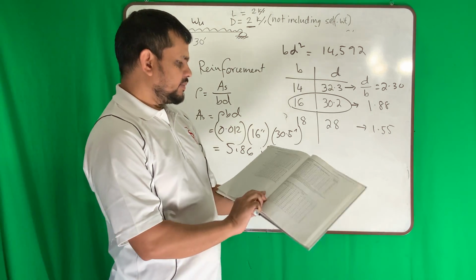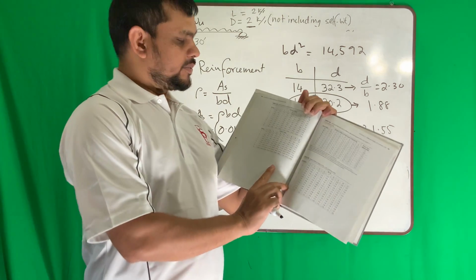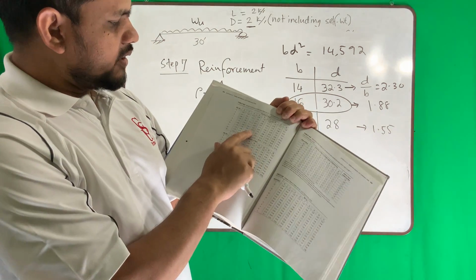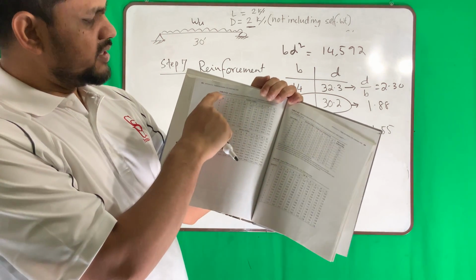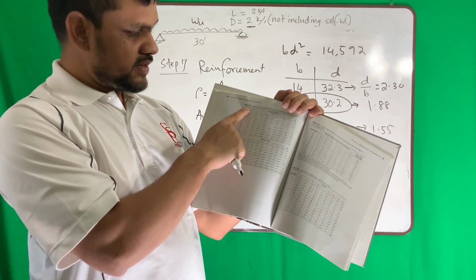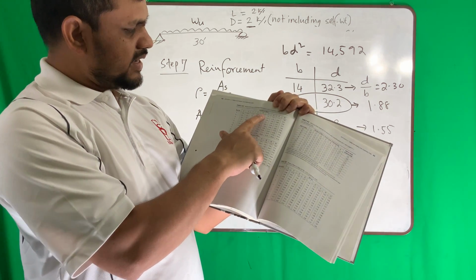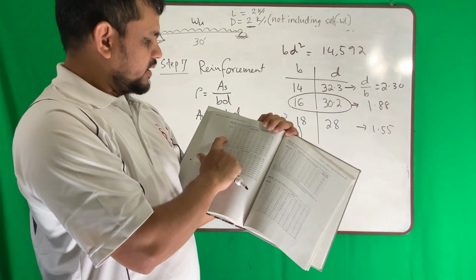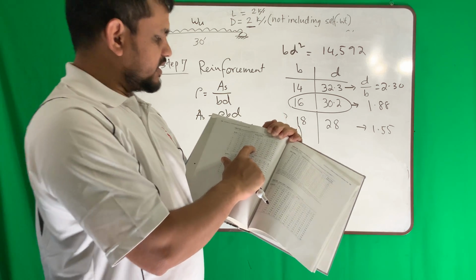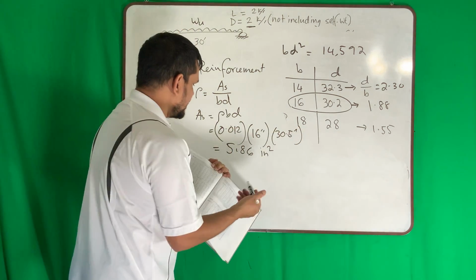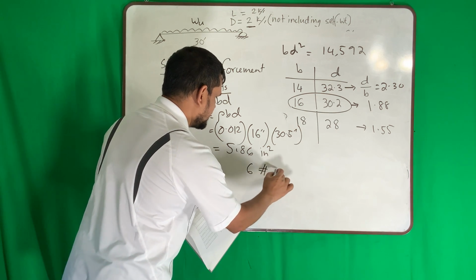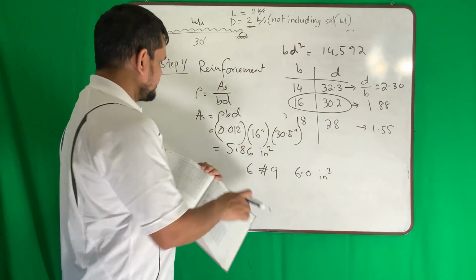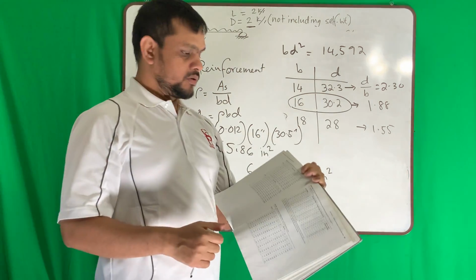Table A4 will give you different types of bar. So you need 5.86. Find here: this is the number of bars, this is the bar number, that means bar size. If I use, say, 6 number 9 bars, it will give me 6 inch square reinforcement. I need 5.86, so good.